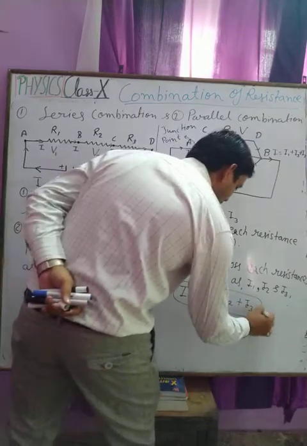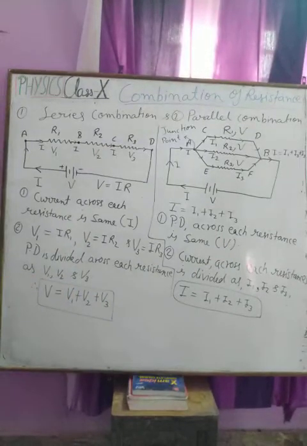This is the rule of division of current and potential difference. Okay, just copy this, then we are going to the formula for the equivalent resistance for each case.